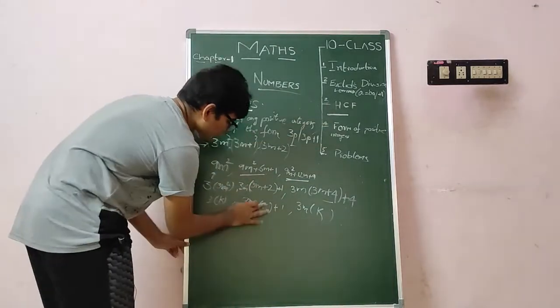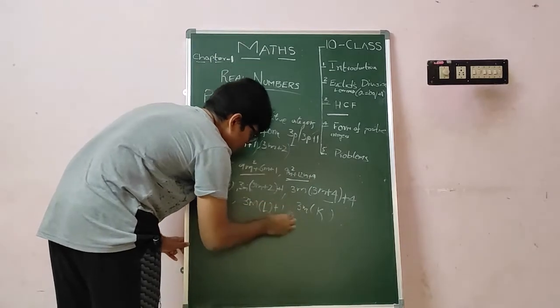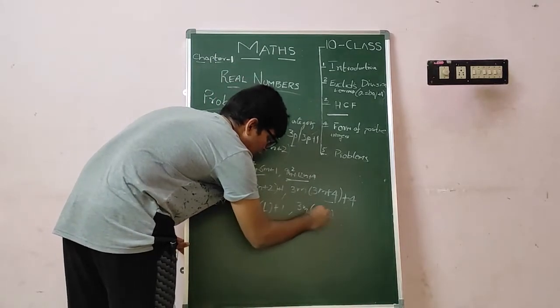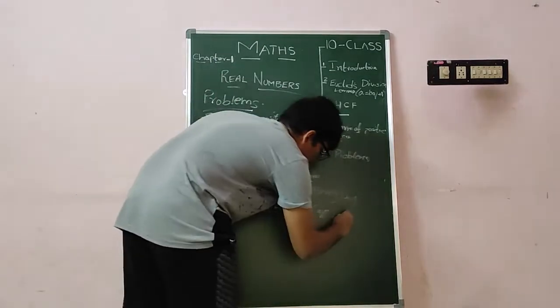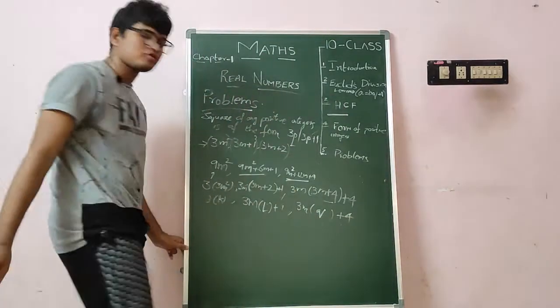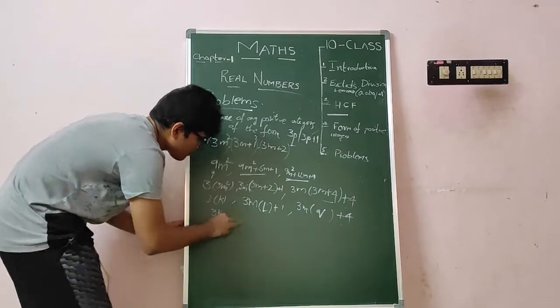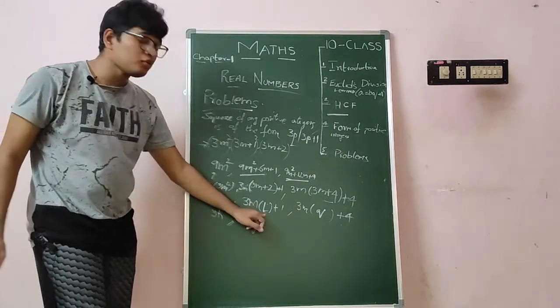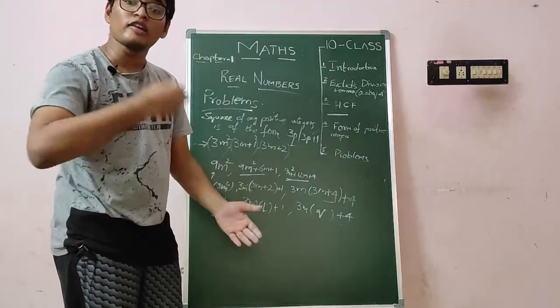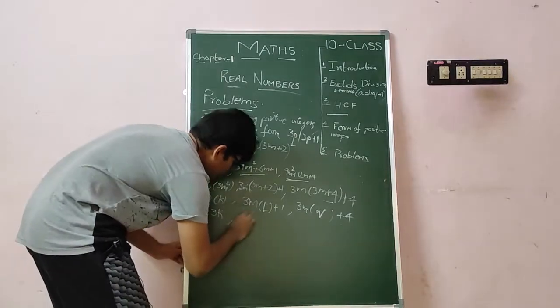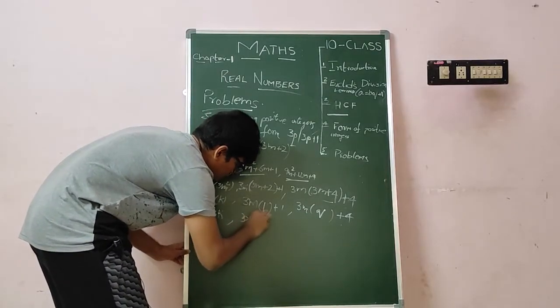If you are a bit confused, I am changing the variables to L and Q plus 4. Yes or no? This is 3k itself. See, m into L can be another new number, or another new variable, x plus 1.